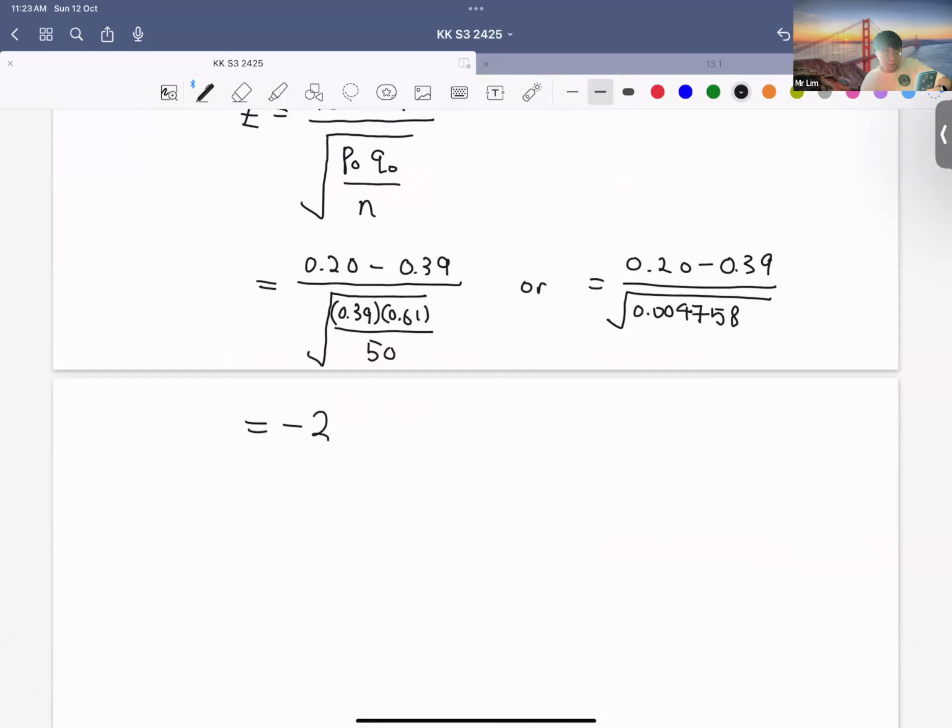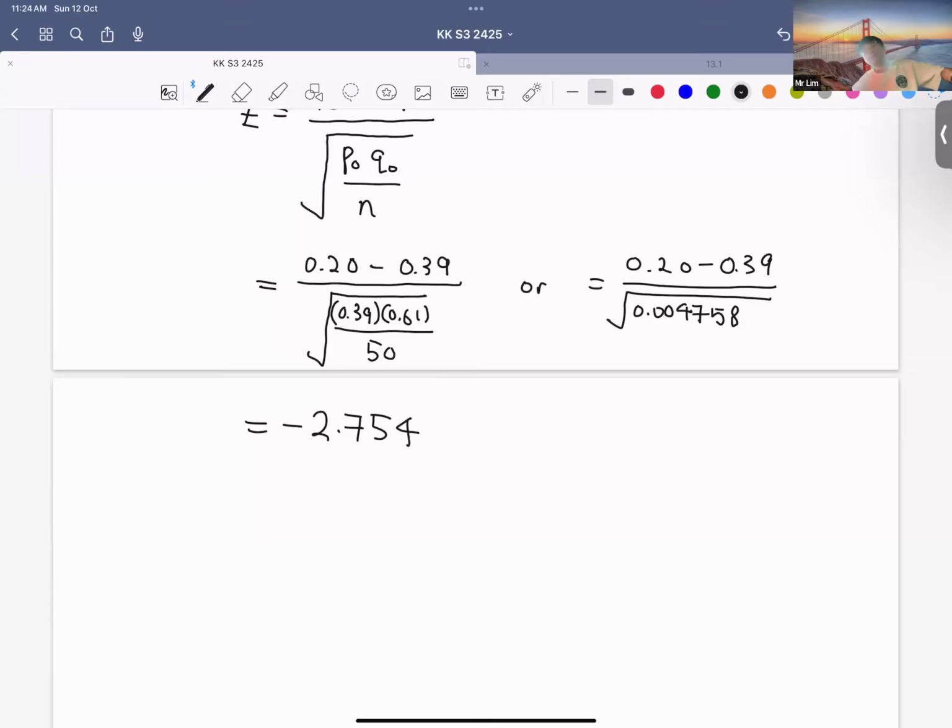I think in both cases, you will get negative 2.7545. I usually give 3 decimal places, sorry, not 4 decimal places. I think 3 is enough.